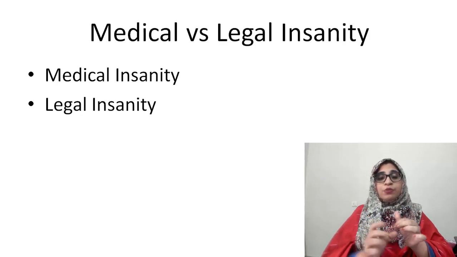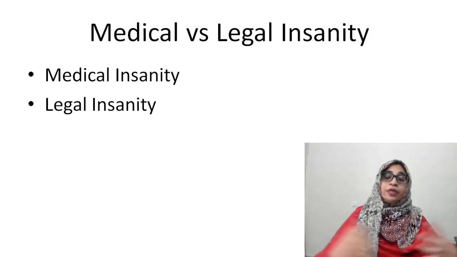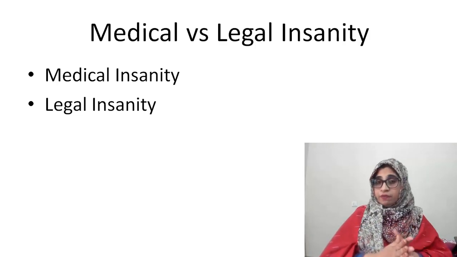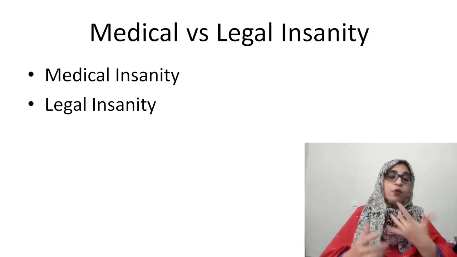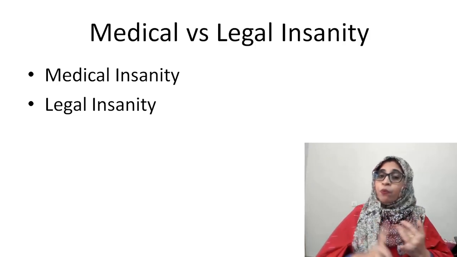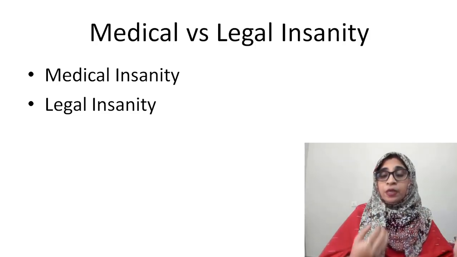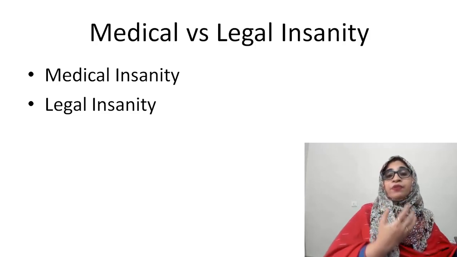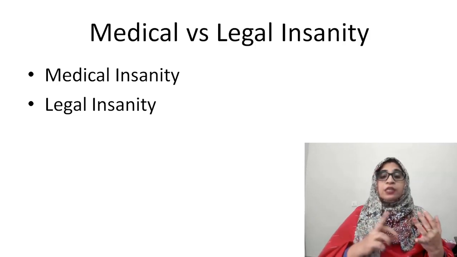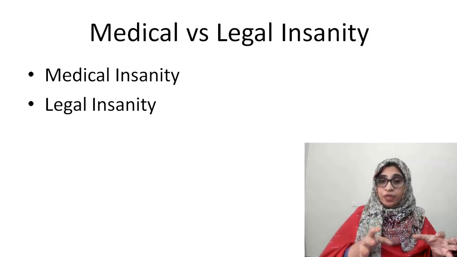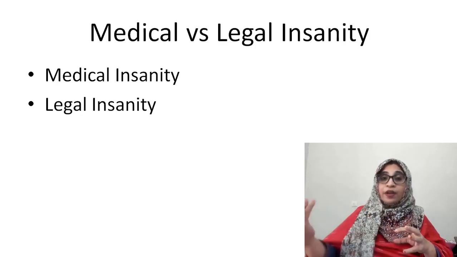How can legal insanity be tested? First, they will look at the previous history while doing the interrogation. They will check the medical history, how many years the accused has been suffering from that insanity. Later, after the interrogation, they will decide whether, after the commission of the crime, the accused absconded or not.